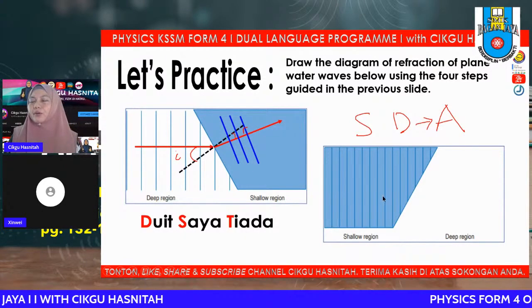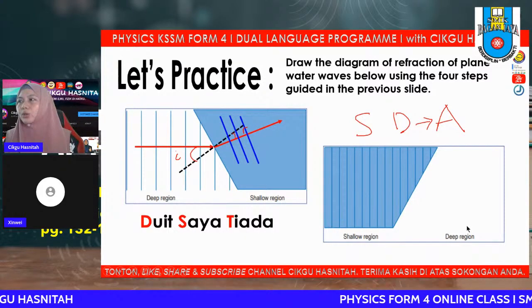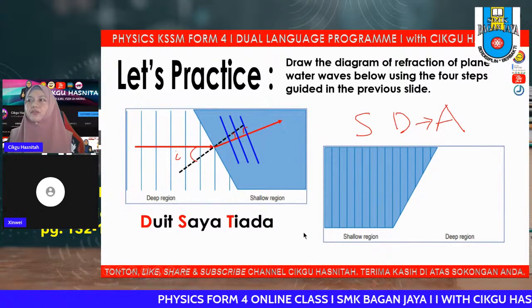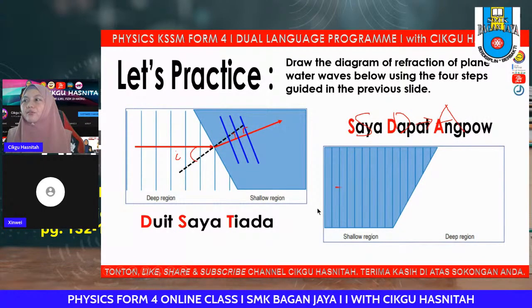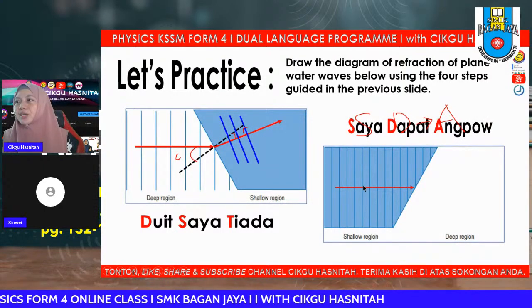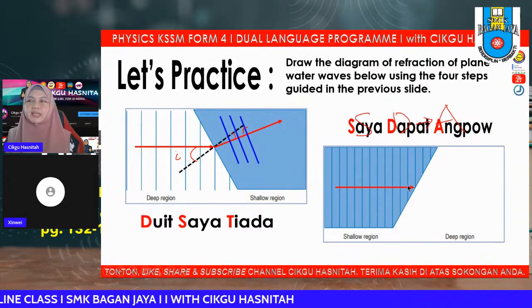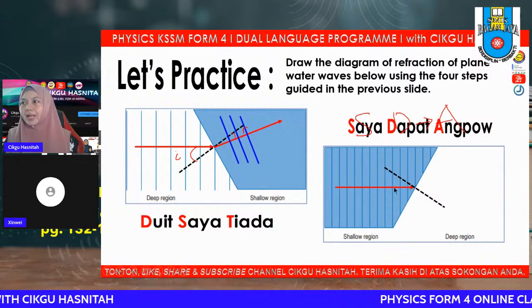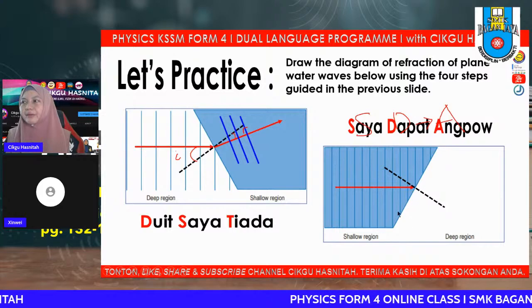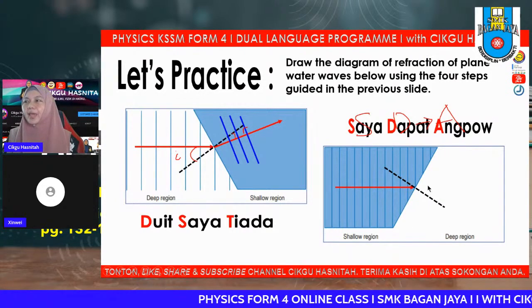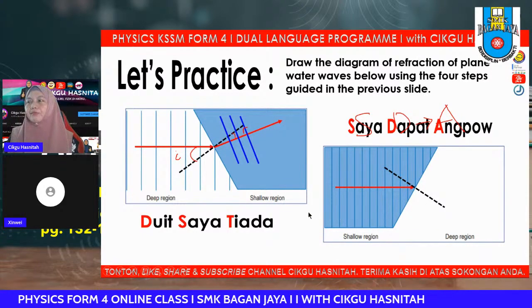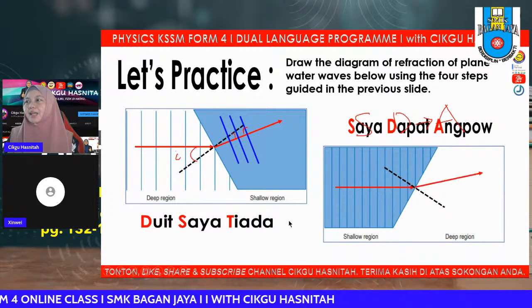While for the second diagram, from shallow to deep, it is supposed to refract away from normal. First step, we draw the direction of propagation of the incident wave. Second, we draw the normal, a line 90 degrees to the boundary of both media. Then we draw the refracted wave. So refracted dia mesti away.